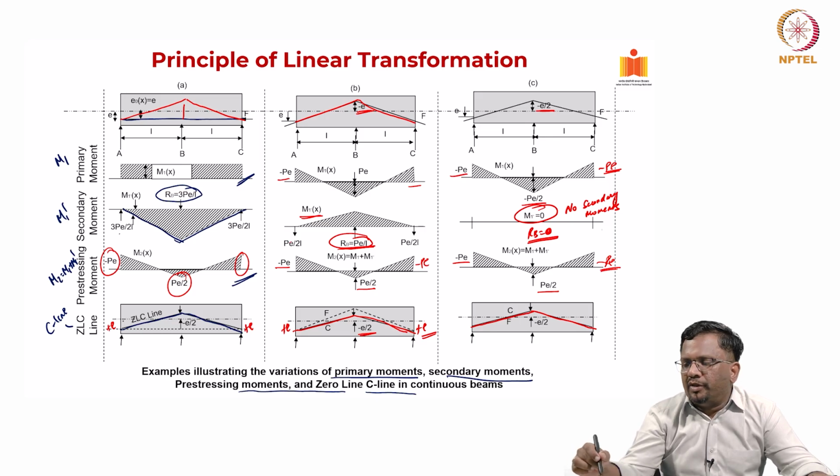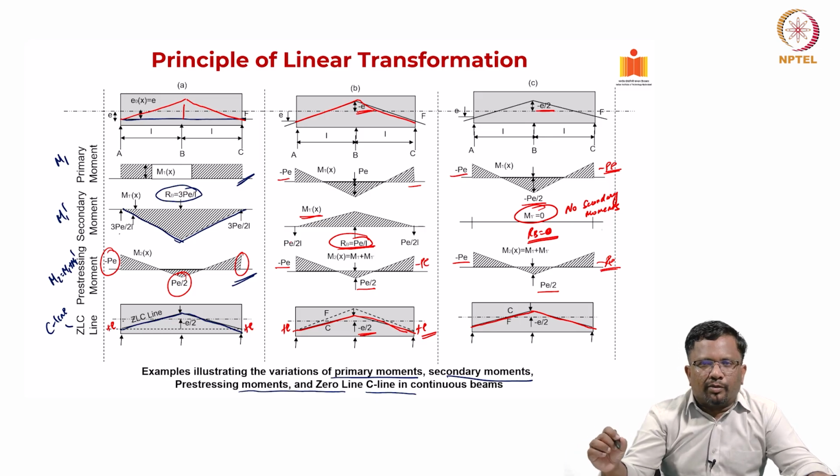So, that means there exists a cable profile where I do not get any secondary moments. So, I can find a concordant cable profile by linearly transforming the cable in such a way that it is going to be a scaled factor of a moment diagram itself.